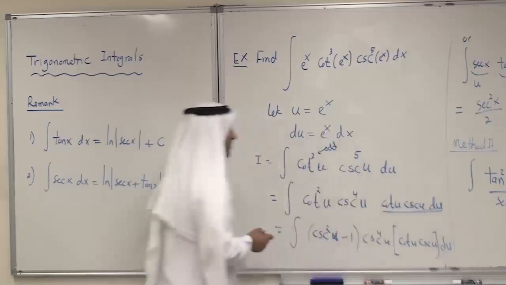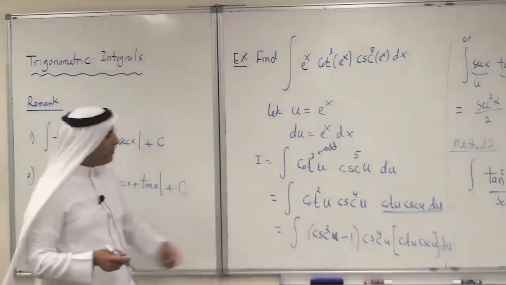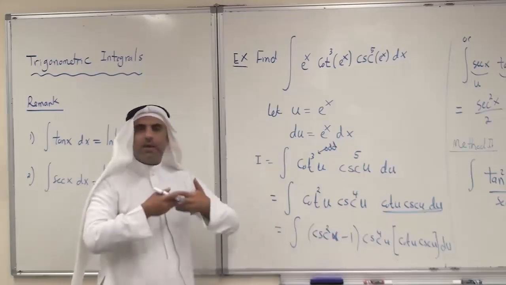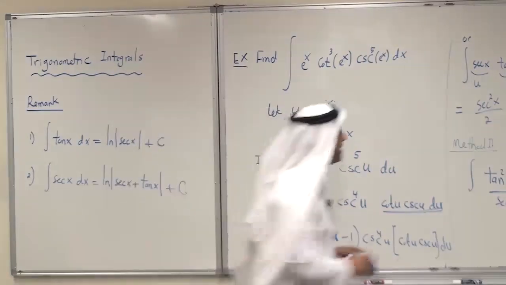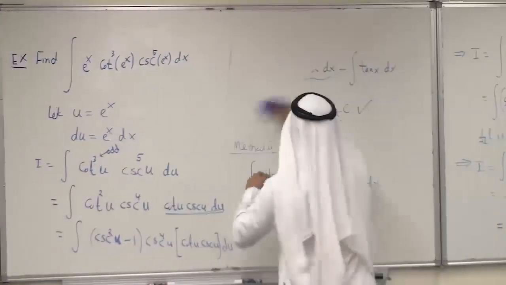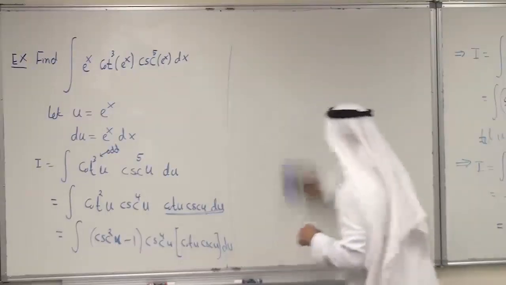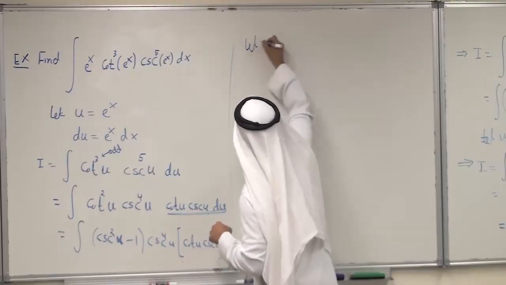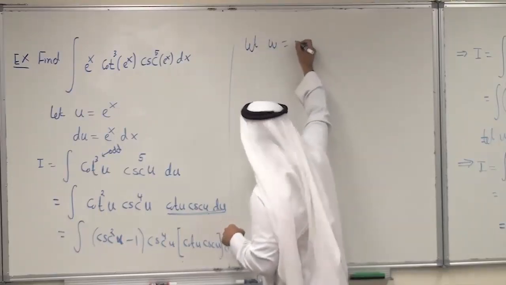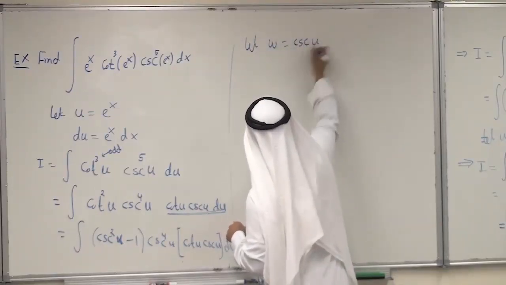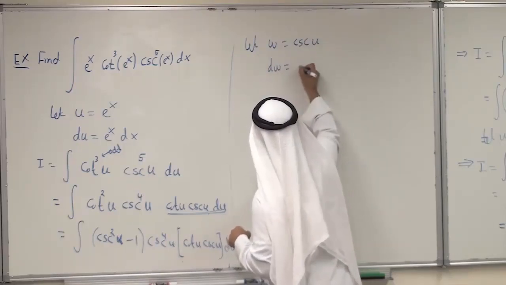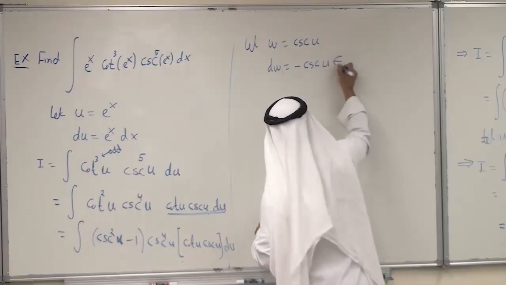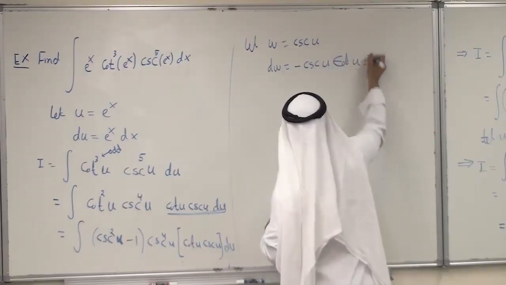Okay, fine. What should we do now? We make a substitution, cosecant of u equal to w, and we'll see what will happen to the integral. So let w equal cosecant of u. What is dw? It will be minus cosecant of u, cotangent of u, du.